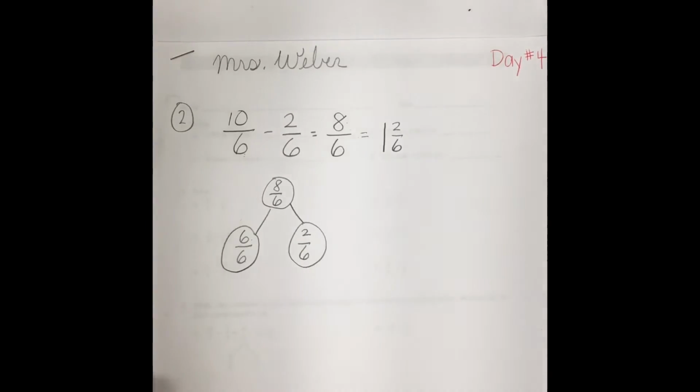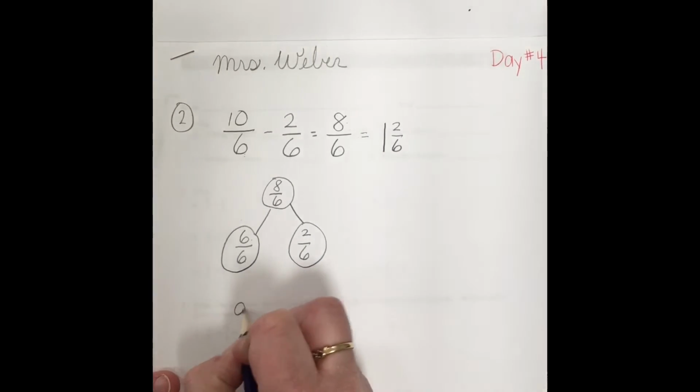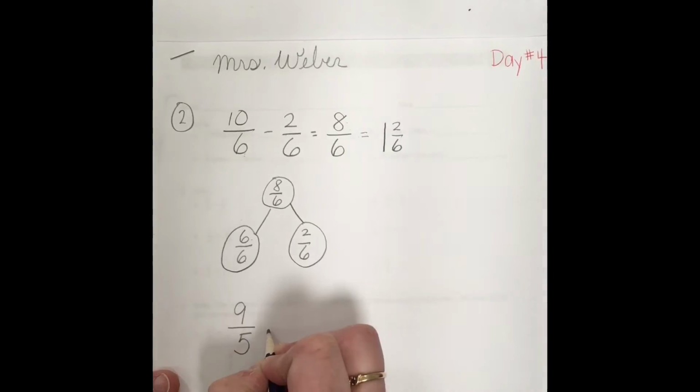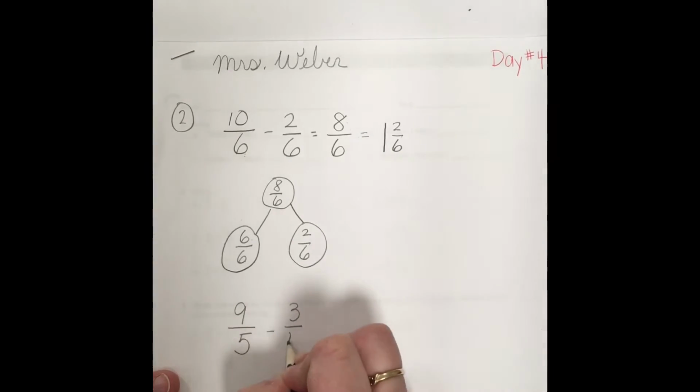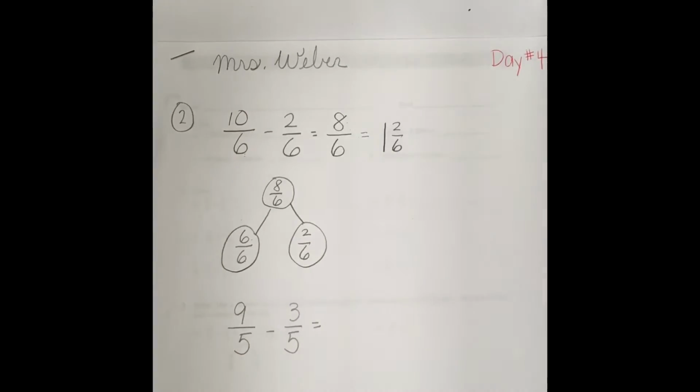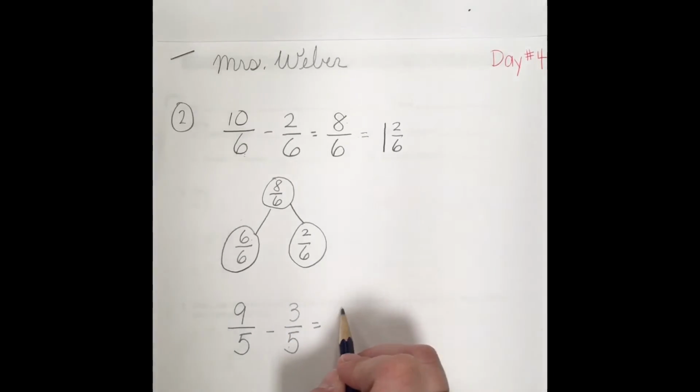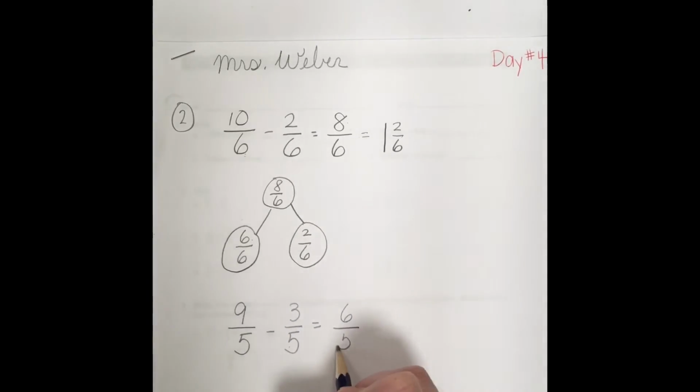Let's try another one. 9 fifths minus 3 fifths equals, the units are fifths, so we subtract the numerators. 9 minus 3 is 6. Keep the same denominator. We have 6 fifths. However, that's an improper fraction, so I want to turn it into a mixed number.